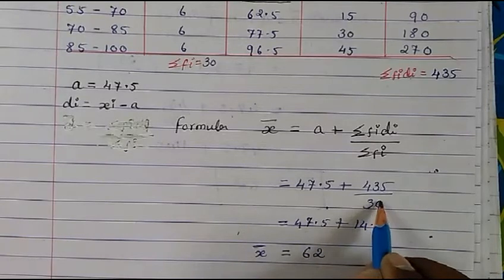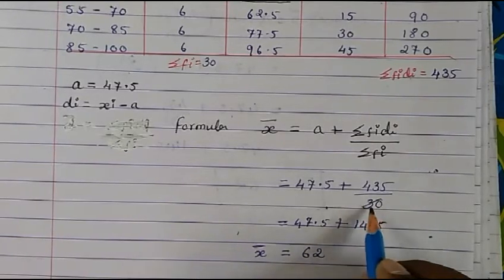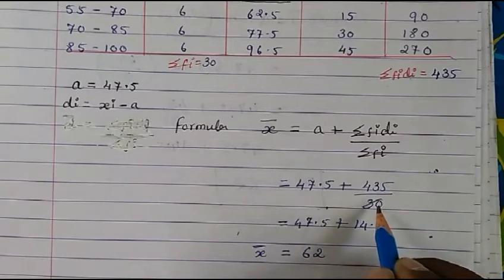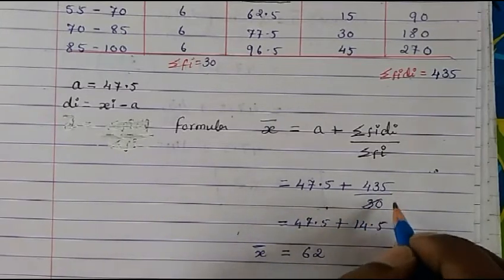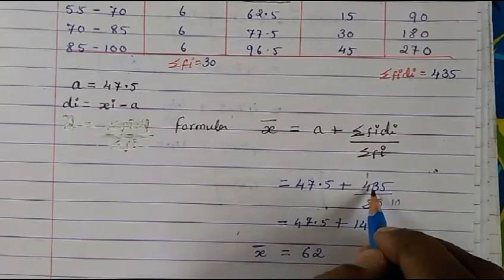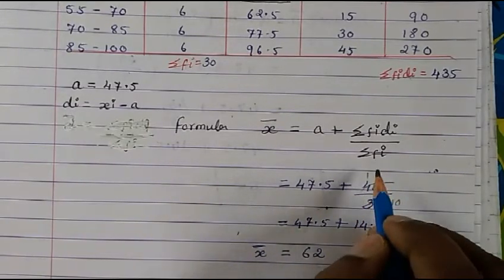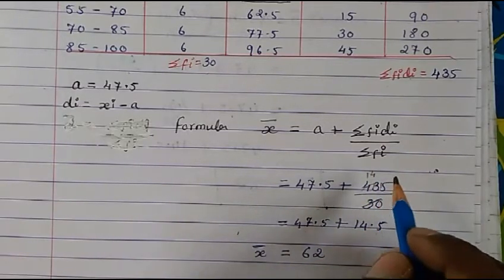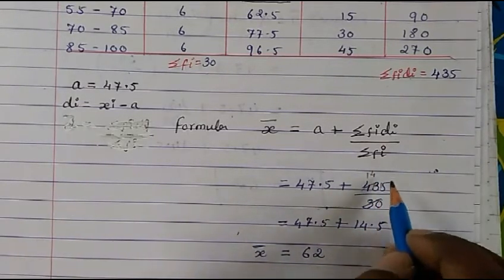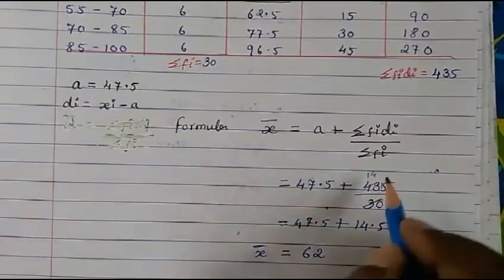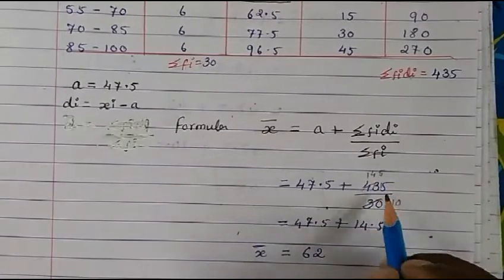So with table 3 you can cancel. 1 time 3 is 3, then 4 times 3 is 12, 1 carried forward, then 5 threes are 15.